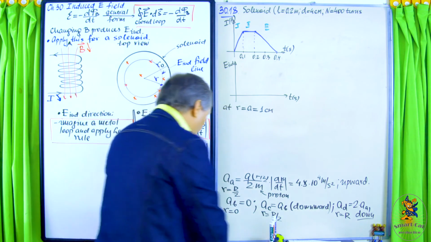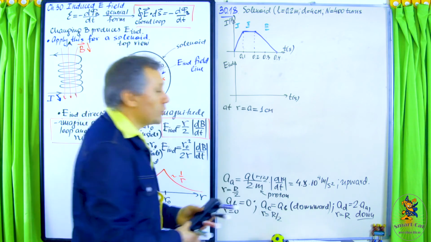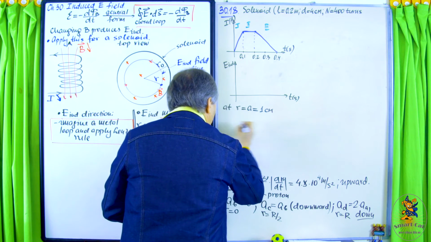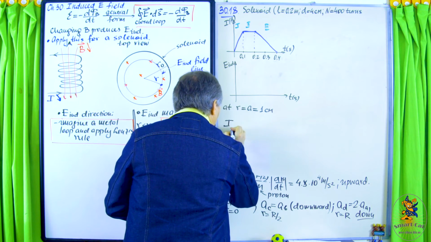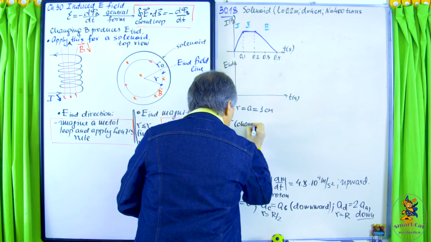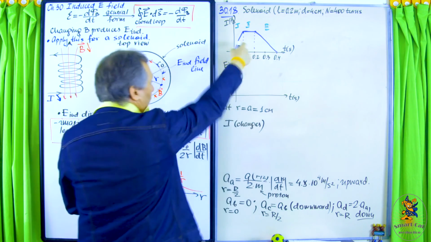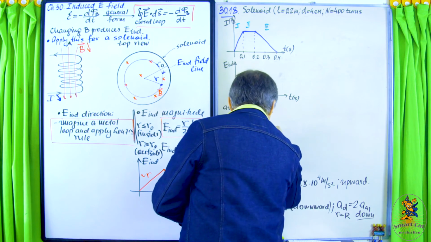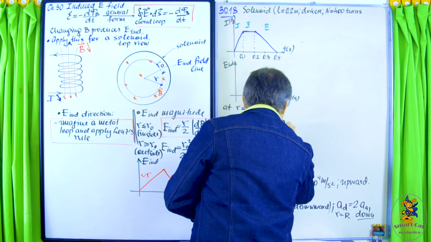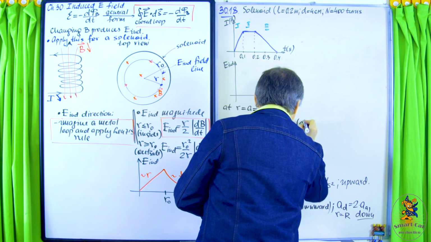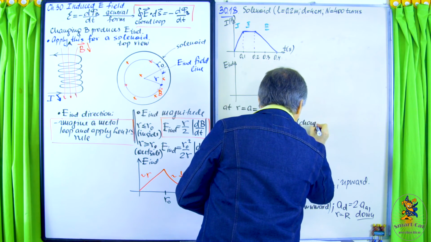Okay, so now let me again draw sort of a train of thoughts, and I will start from the very beginning. So current I changes. The plot. Of course, as a result, the magnetic field of a solenoid also changes.